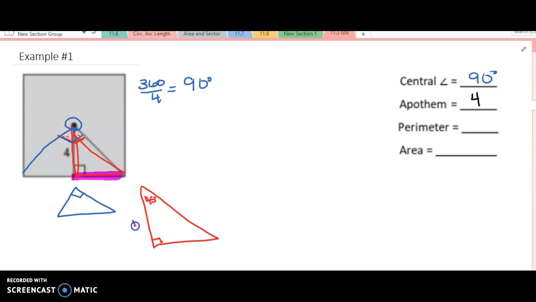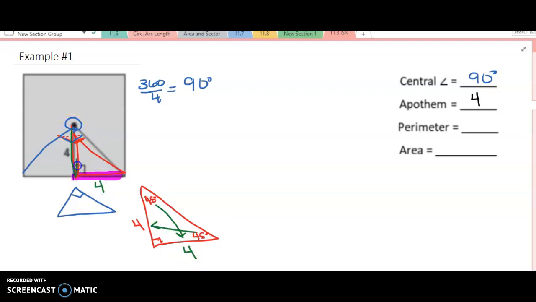That's a 90-degree angle. This is 4. Well, 45, 90, so this has to be 45. I have a 45, 45, 90 triangle, which means it's isosceles, which means opposite the congruent angles are congruent sides. So this piece right here is 4.